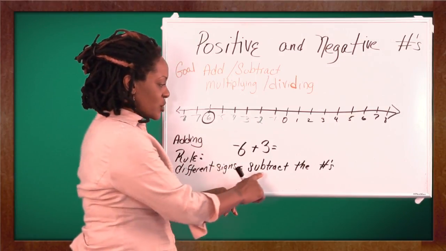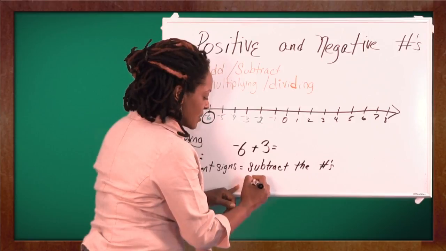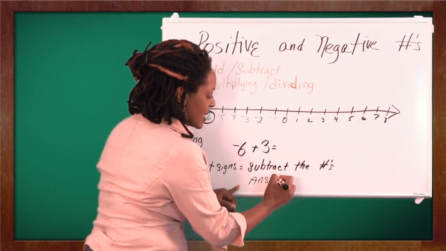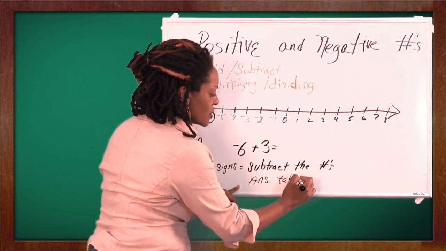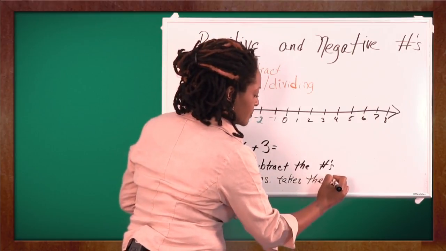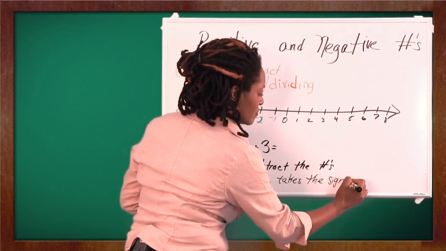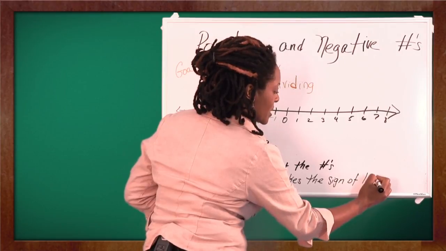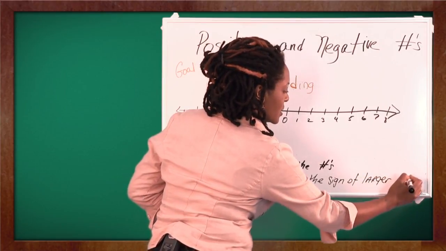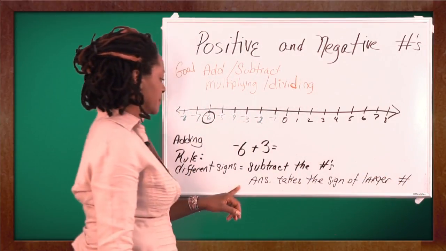Okay, so subtract the numbers, and the answer takes the sign of the larger number. And I'm going to step out of the way, give you a chance to write this all down.